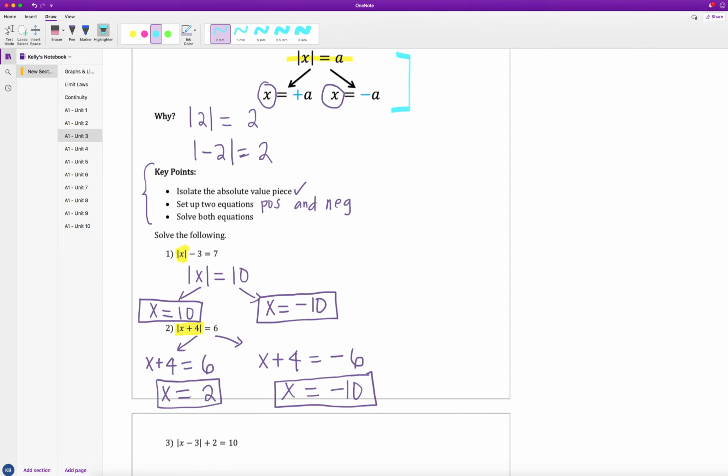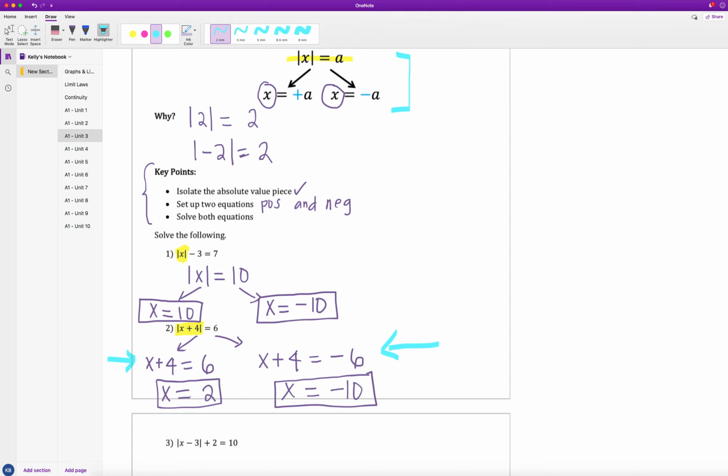The other question I get a lot in class is, do I have to show this work of splitting it into 2 equations? Yes, this step right here, which I'm drawing nice blue highlighter arrows to, is absolutely necessary. We need to see how we can break that apart. The other thing I want to point out is that there are no more absolute values.